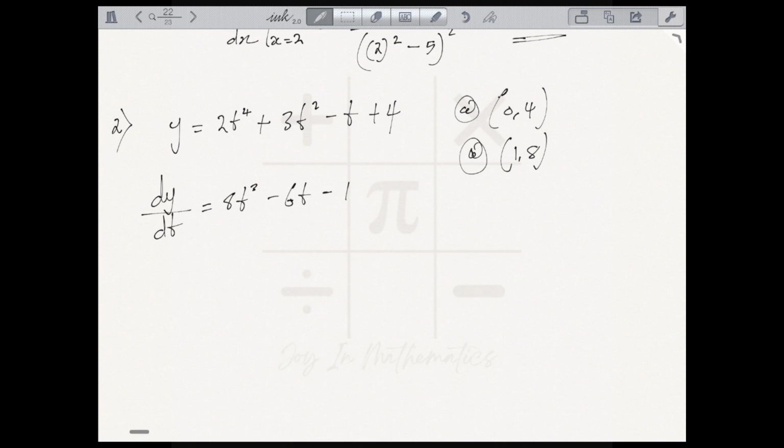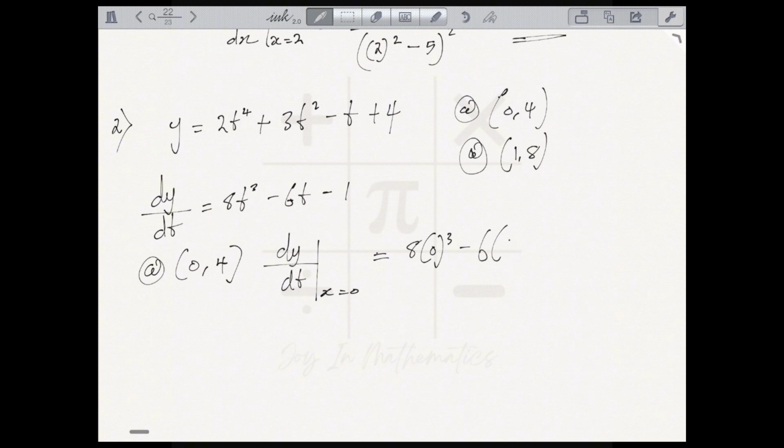So at the point 0, 4, the gradient of the curve is dy/dt at t equals 0, which is equal to 8 into 0 raised to the power 3 minus 6 into 0 minus 1, and this will give us minus 1.